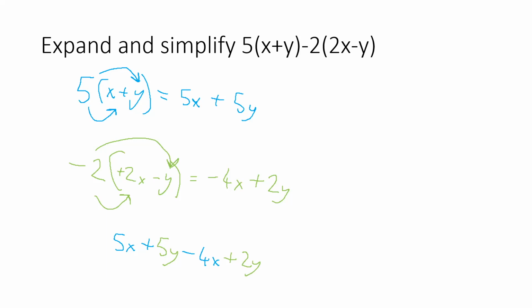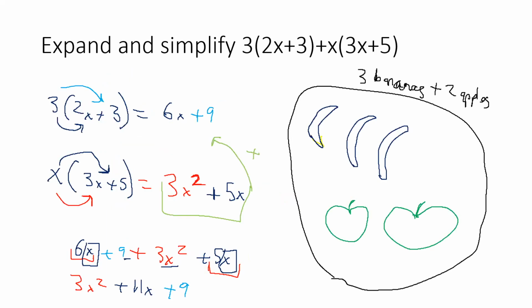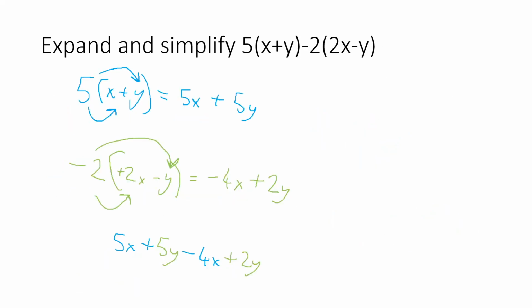And again, we're just going to add the bananas and the apples together. So what we have is 5x here, and we're taking away 4x from it. So therefore this will be x. 5 minus 4 is just equal to 1.